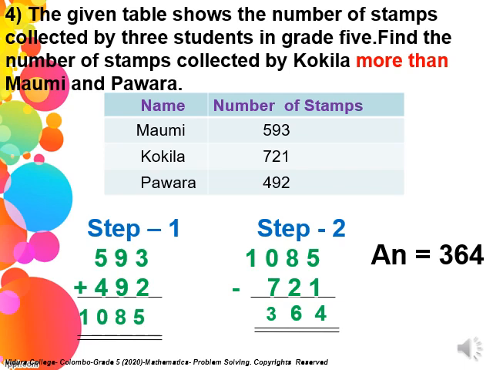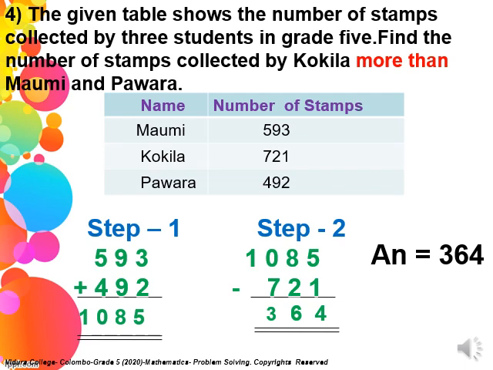So kids, let's do it like this. You know the number of stamps collected by Kokila, that is 721. But do you know the number of stamps collected by Mayumi and Pavara together? That means the total number of stamps collected by both?